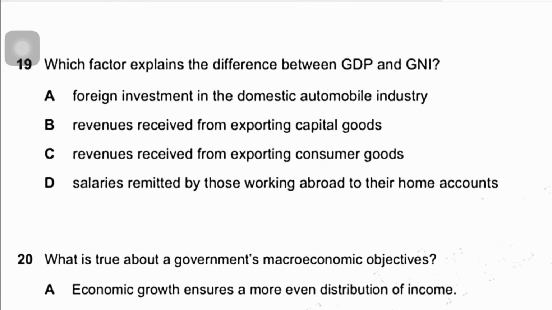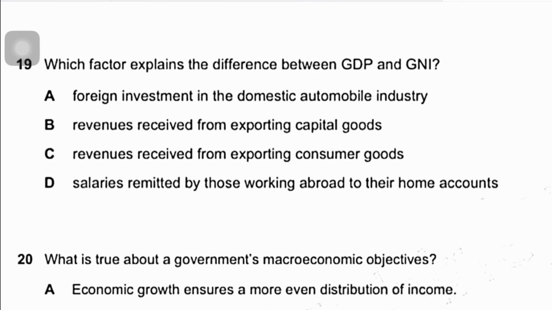And so the foreign investment that comes in here would not create a difference between GDP and GNI, because the only difference is created when that foreign investment earns income.